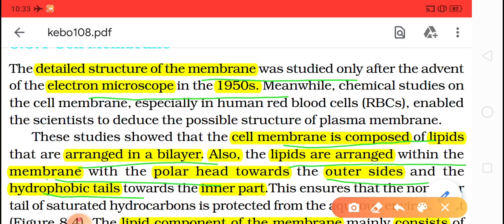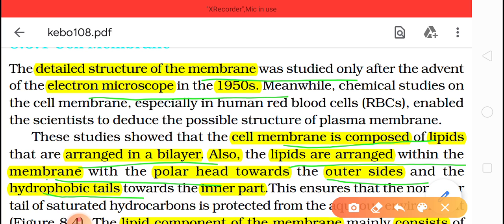If we see the structure, the head is on the outer side and it is hydrophilic. Hydrophilic, hydrophobic, I hope you know about that. So the tail is towards the inner part, and the head is outside.